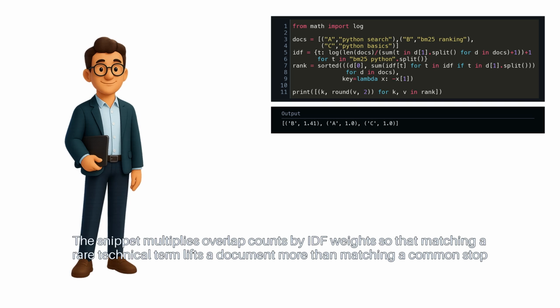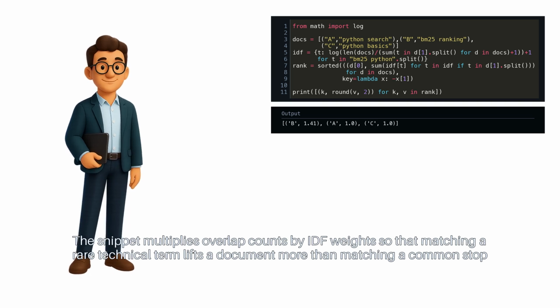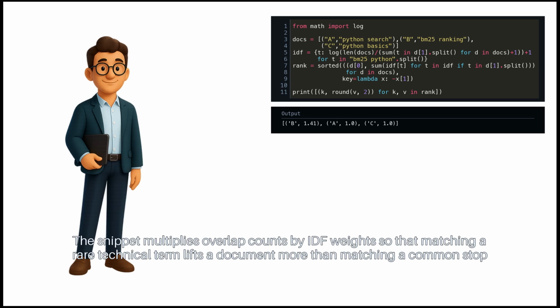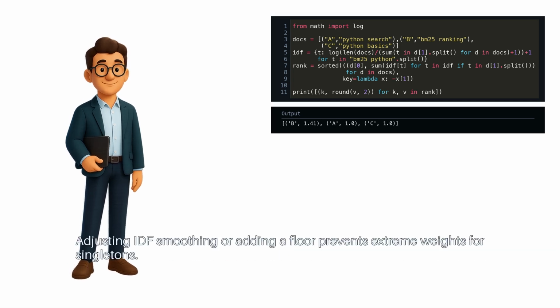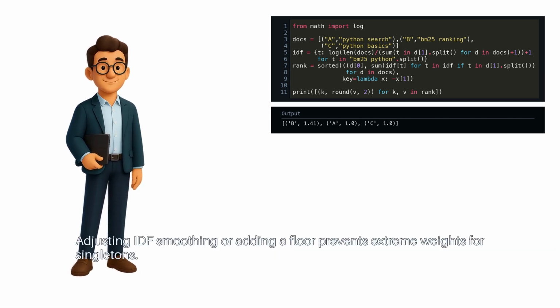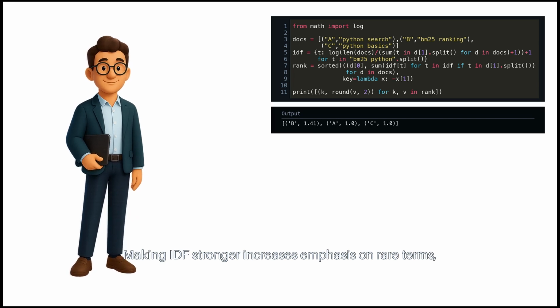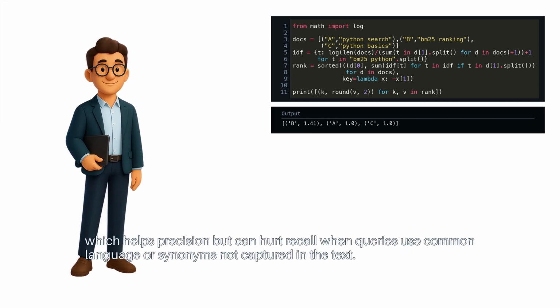The snippet multiplies overlap counts by IDF weights so that matching a rare technical term lifts a document more than matching a common stop word. Adjusting IDF smoothing or adding a floor prevents extreme weights for singletons. Making IDF stronger increases emphasis on rare terms, which helps precision but can hurt recall when queries use common language or synonyms not captured in the text.